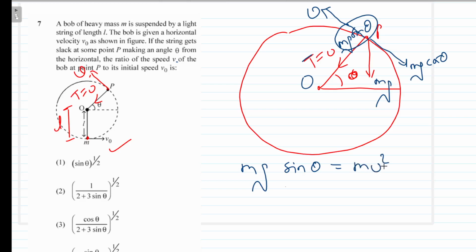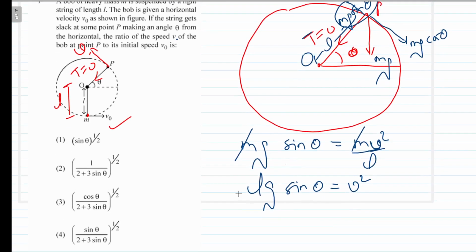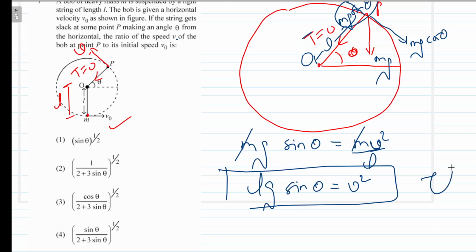So which is mv square by r, radius is equal to L length of the string. So mg gets cancelled. So यहाँ आपको मिल जाएगा g sin theta is equal to, या Lg sin theta is equal to v square लिख लेते हैं. Let this be the first equation.